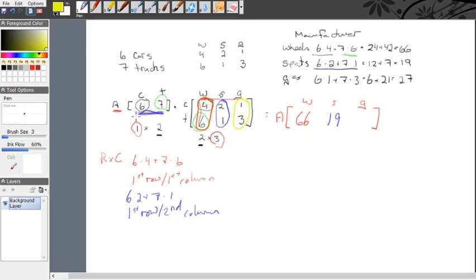Finding the number of gas tanks, we've got 6 cars times 1 gas tank plus 7 trucks times 3 gas tanks. This was our first row, third column. We've already done the calculation, and we know that we put 27 in here. So when we multiply these two matrices together, we get the same result: 66, 19, and 27.